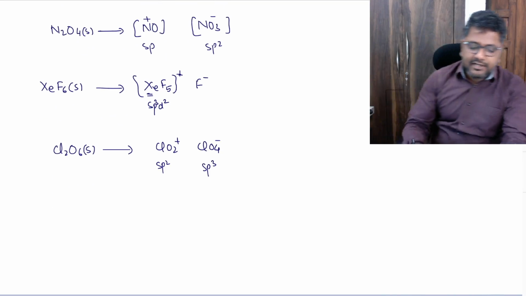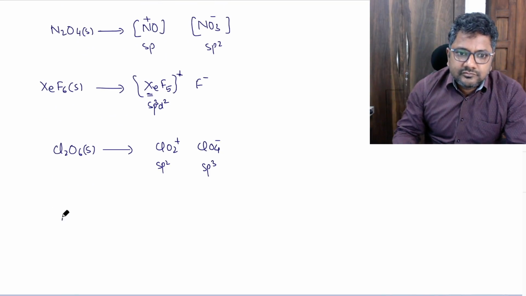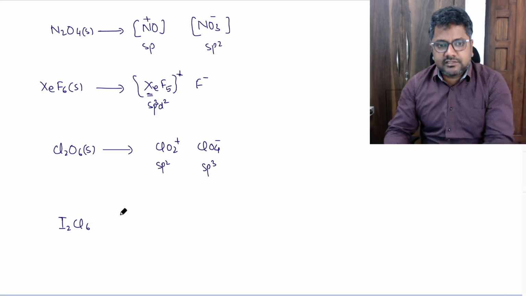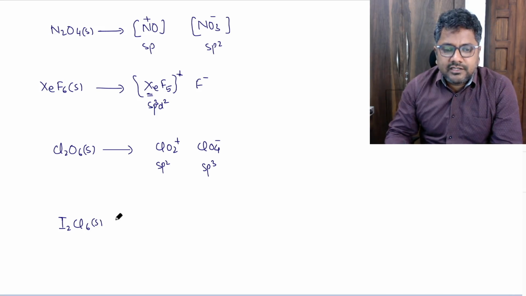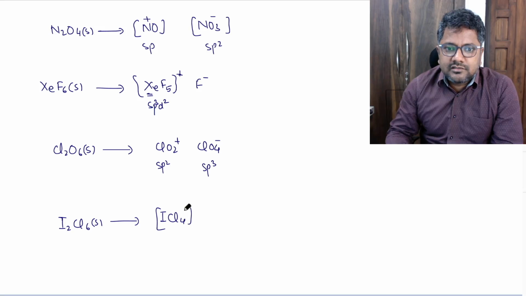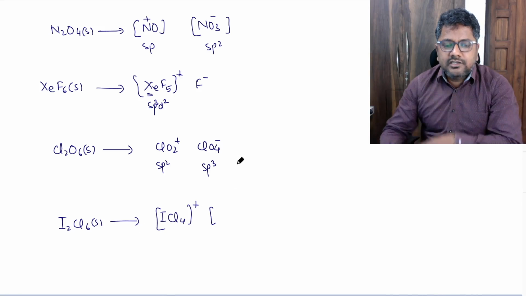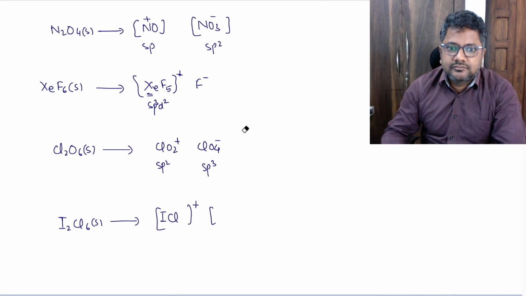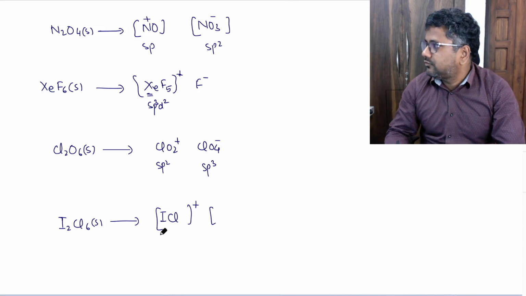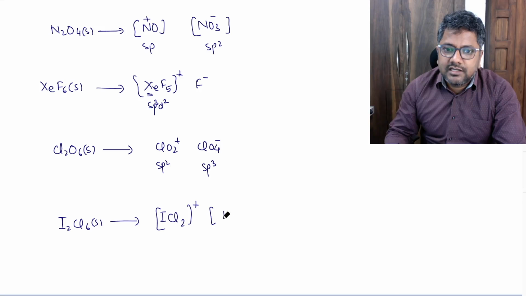Similarly, if you have I2Cl6, this solid exists as ICl2 plus and ICl4 minus, right?